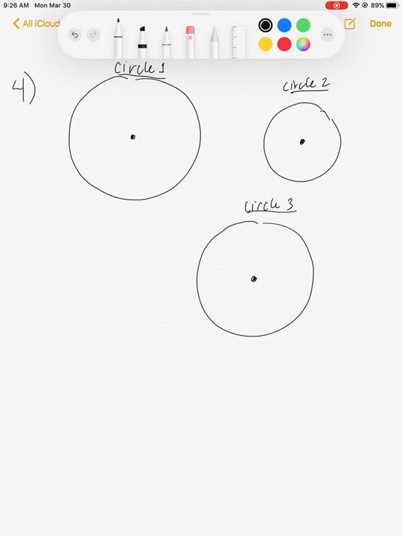For the first circle, I'm going to need to measure the circumference. And if you recall, the circumference is the distance all the way around the outside of the circle. Okay. And to do this, I need some sort of measuring device that can curve. And so what I've done is I went to my mom's sewing cabinet and pulled out her measuring tape that is for sewing.